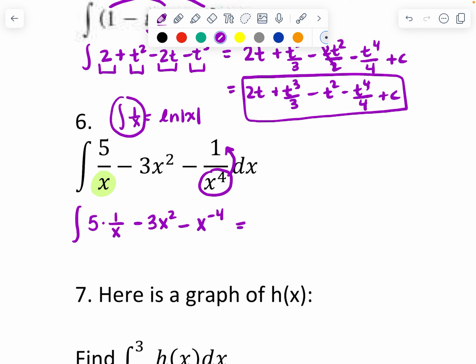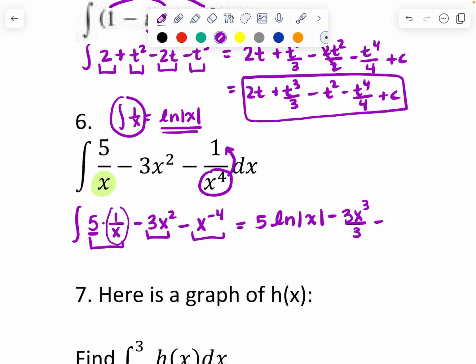Now let's integrate. So this, the 5 is just a constant. Bring it down. The integral of 1 over x, as we said here, was the ln of absolute value of x, minus the integral of 3x squared is 3x cubed over 3, and then minus the integral of x to the negative 4. So let's add 1.